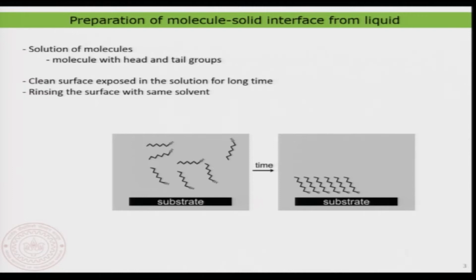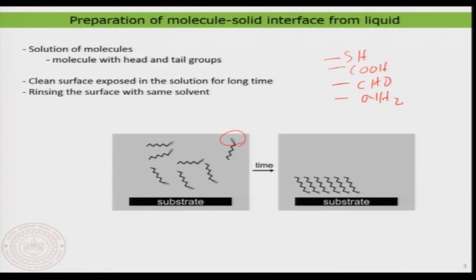We also had a look at the preparation in greater detail. We have already seen that one needs to think about different types of functional groups. For example, the SH group is a popular functional group, or you can use a carboxylic group, an aldehyde group, or NH2.